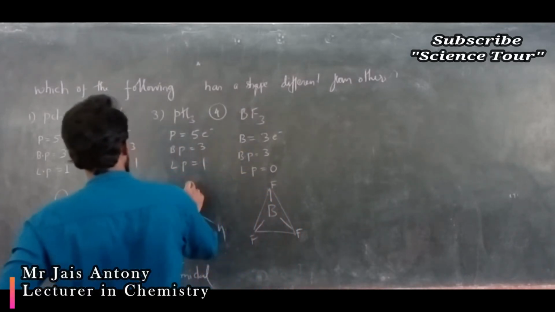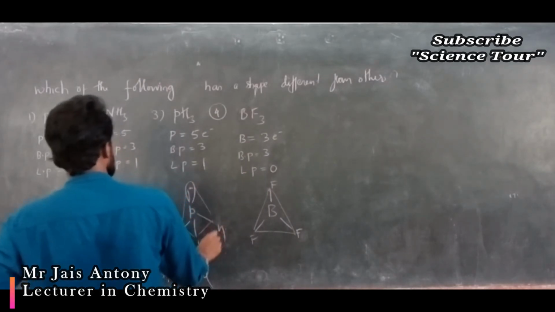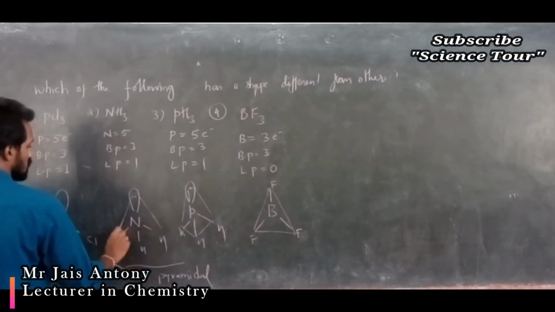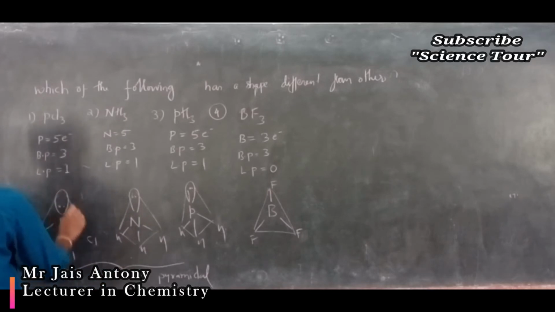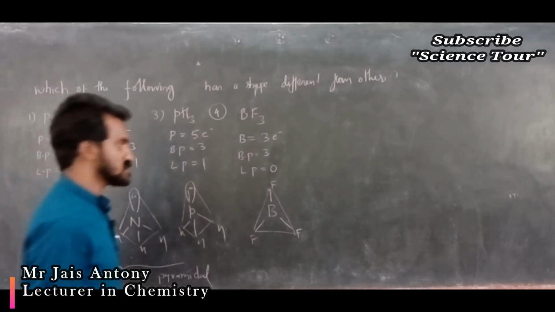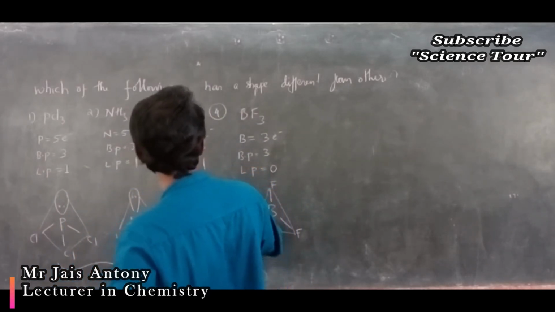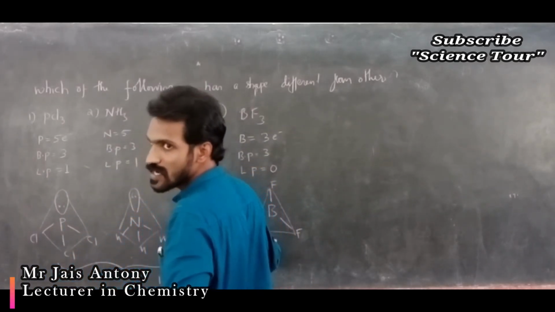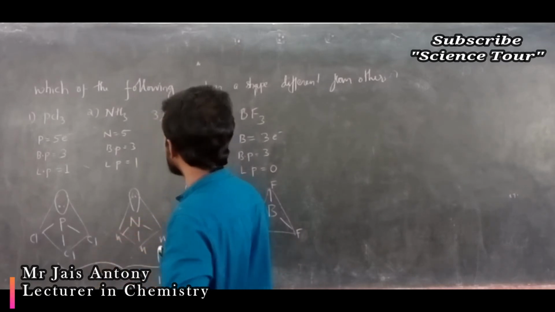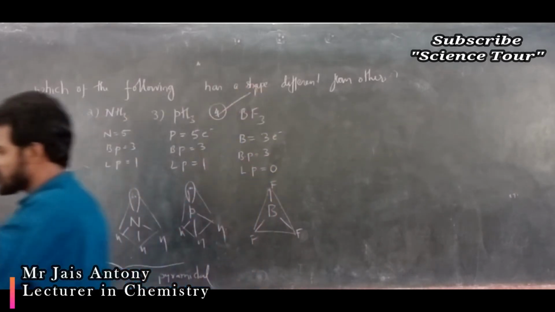Understood? All others are pyramidal. So which one is different, my dear students? Because of the lone pair, all others are pyramidal. BF3 has no lone pair electron, so its shape is different. It is triangular planar. All others are pyramidal. So the answer is BF3.